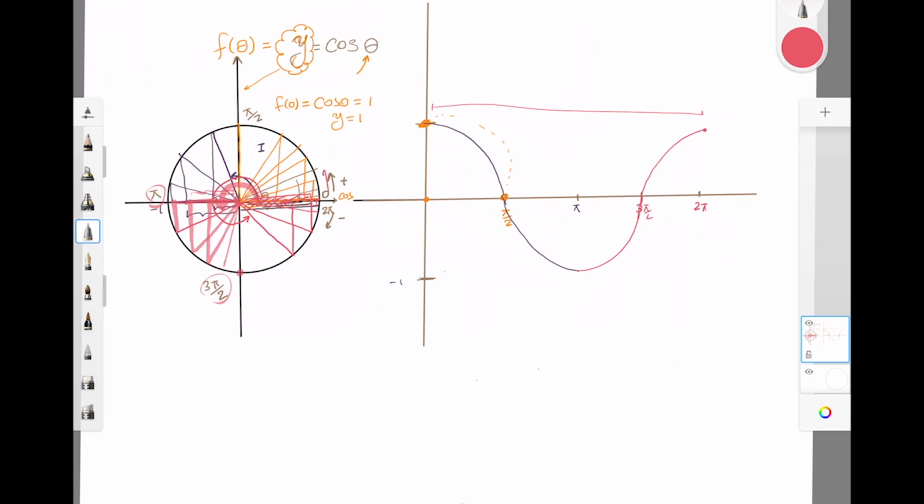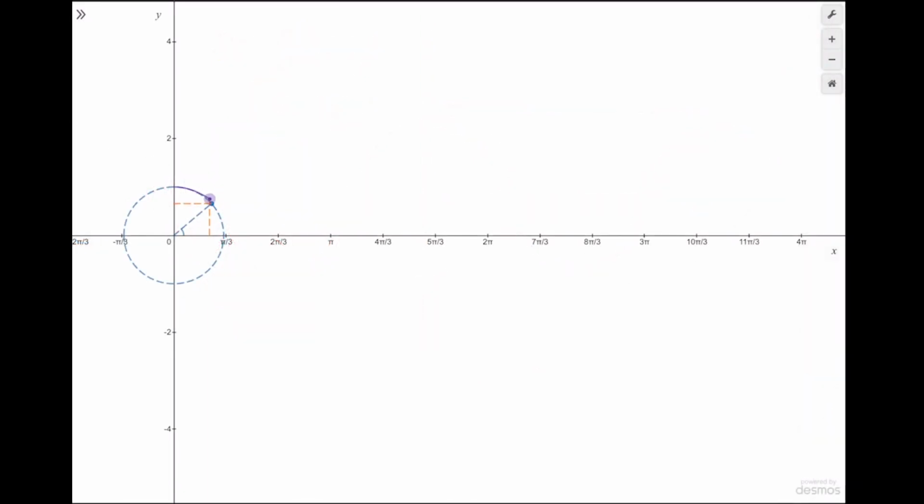If you do one more revolution, you will continue like this. If you go in the negative direction, you will start like that. So this is the graph of cosine. And this is a better way to visualize it. As you can see, different theta have different values.